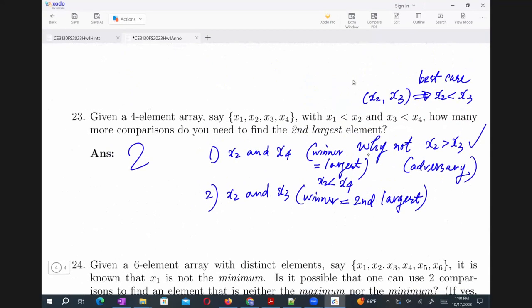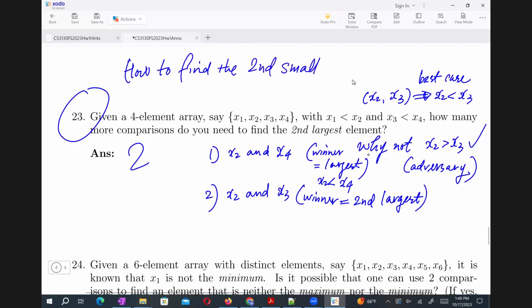But from this question, you should know how to find the second smallest in a 4-element array.